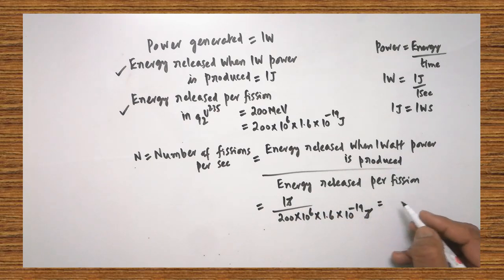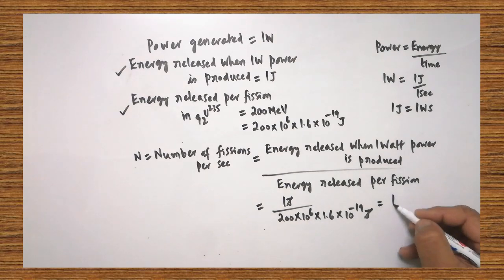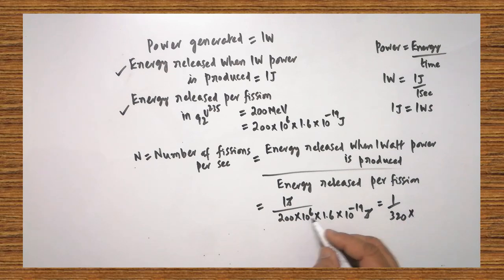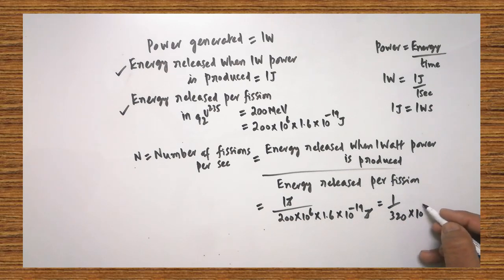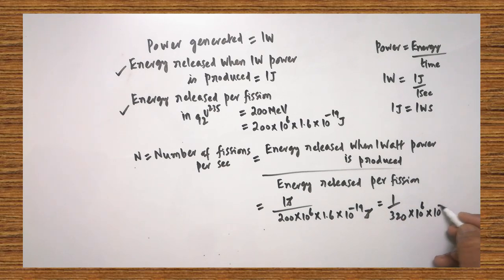The next step, what are the remaining factors? 200 and 1.6, both of them must be multiplied. 200 into 1.6 is equal to how much? 320. So 1 by 320. Here, the other values are 10 to the power of 6 and 10 to the power of minus 19. If these two are simplified, you will be getting the answer.